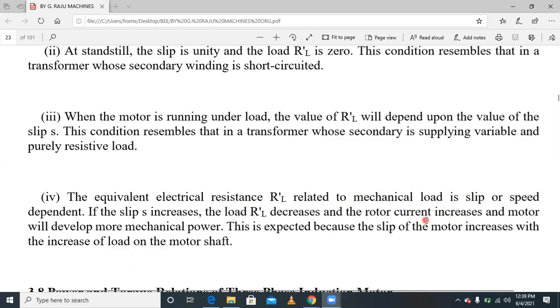Current is inversely proportional to resistance. I2 is equal to E2 divided by the square root of ((R2 by S) whole square plus X2 square). That means the rotor current is inversely proportional to resistance, the load resistance. If the slip increases, the load resistance decreases.